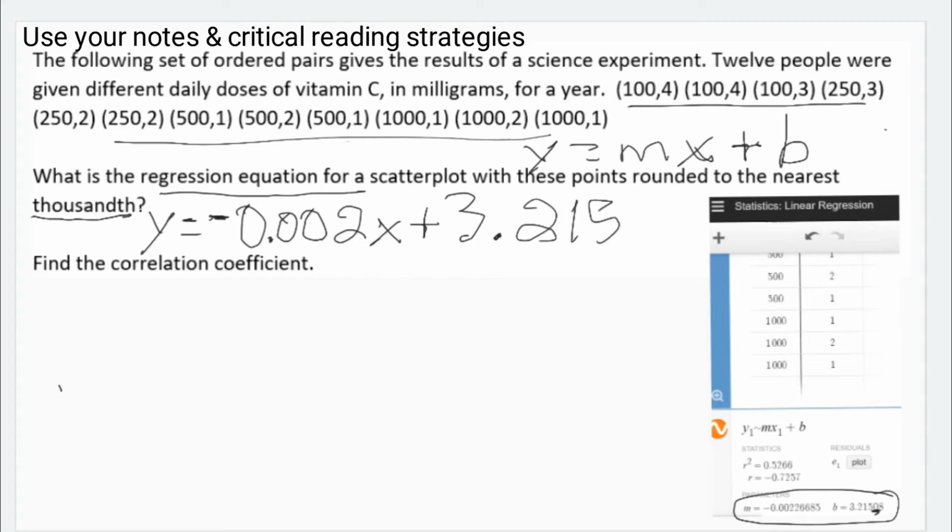Okay, remember 5 and up rounded up, so that's what I'm looking at for this. It says find the correlation coefficient. So our big correlation coefficient is R. So it's going to be that number. So R is equal to 0.7236. So that is our correlation coefficient.